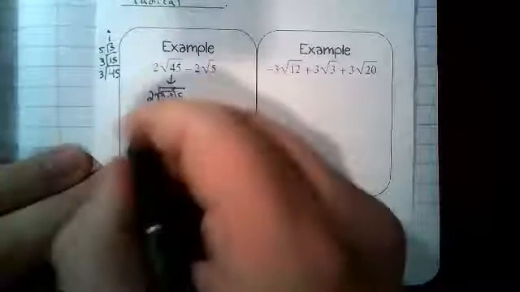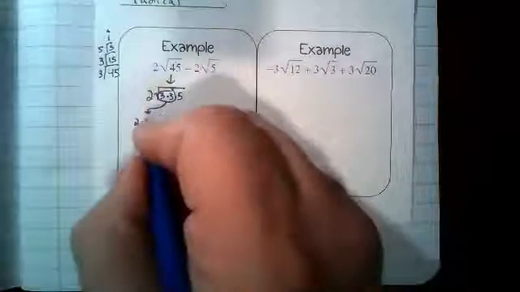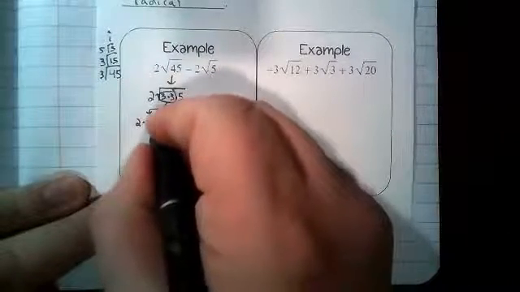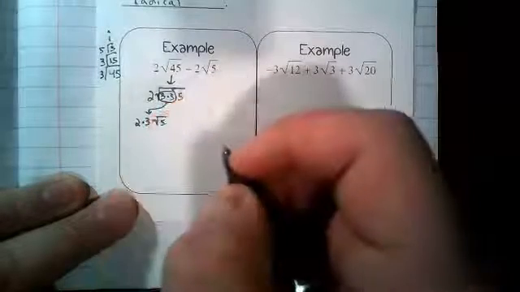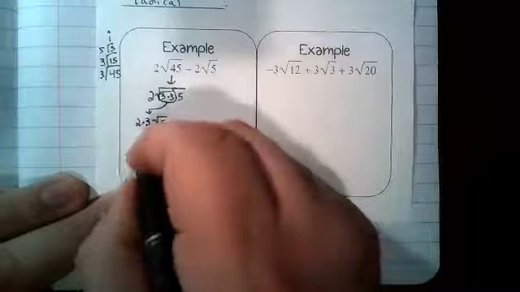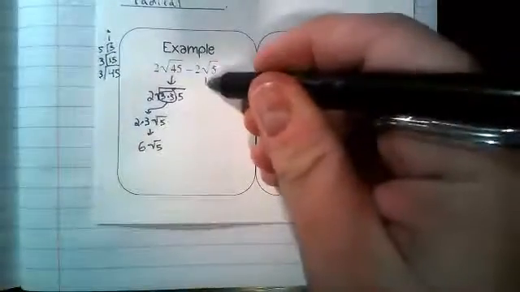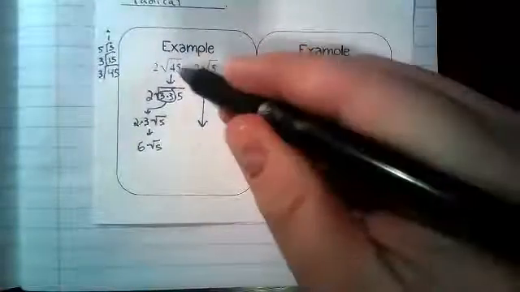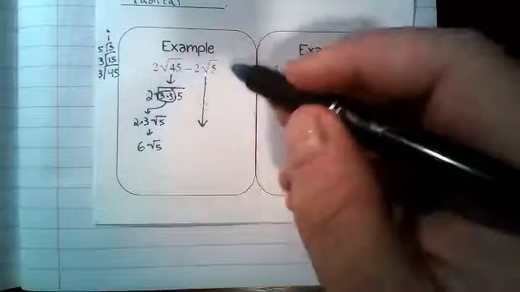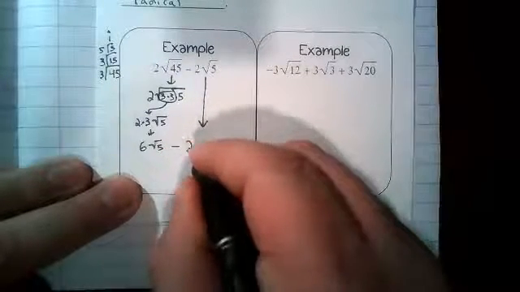What I have left is 2 times the 3 that I just took out, and then what's left is the square root of 5. This eventually turns into 2 times 3 is 6 times the square root of 5. So by simplifying the way it looked, I've gone from something I cannot combine because they have different radicands, 45 and 5, to something that I can combine.